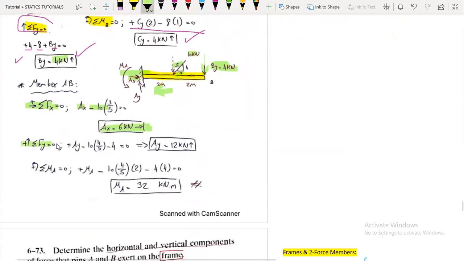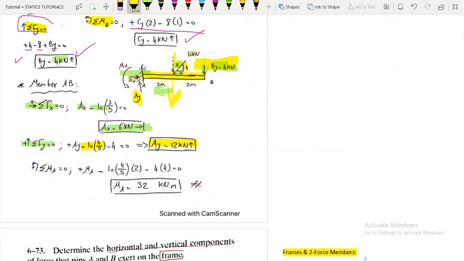Now, summation of Fy, we have plus Ay minus 10 times 4 over 5. So minus 10 is acting downwards, okay, and minus 4 because also it's acting downwards. So Ay is 12 kilonewtons acting upwards.